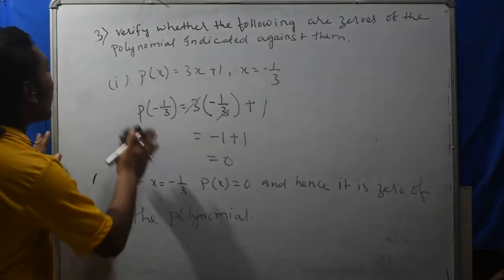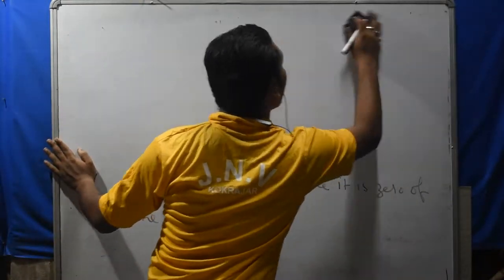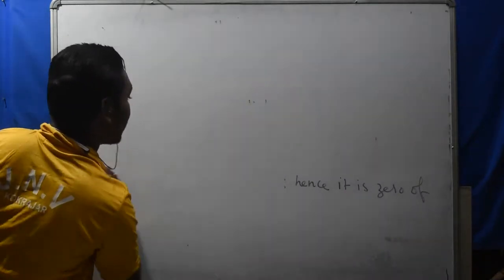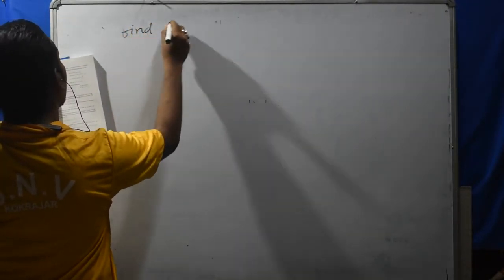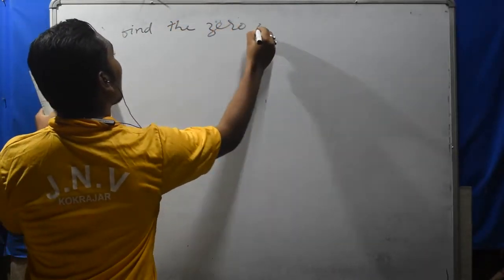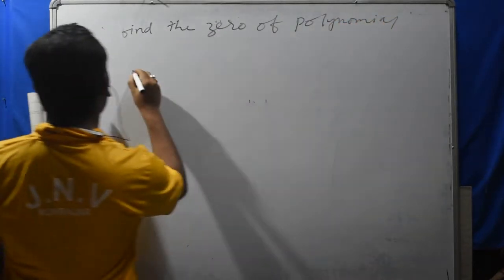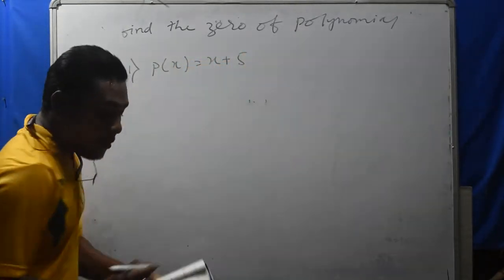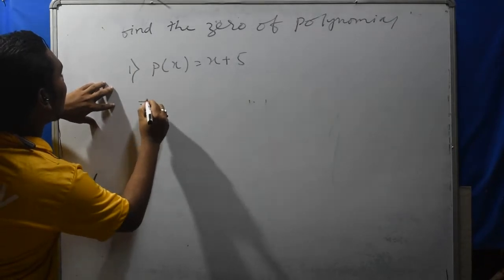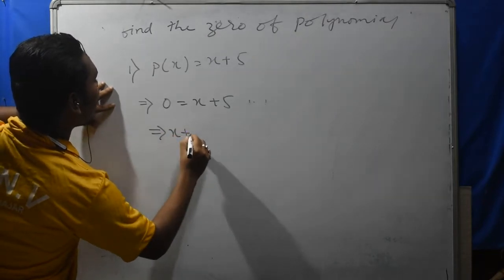Next, find the zero of the polynomial. So how to find the zero of the polynomial? This is one of the interesting topics. Number 1, p(x) equal to x plus 5. In place of p(x) put 0, equal to x plus 5. Reverse it, x plus 5 is equal to 0.